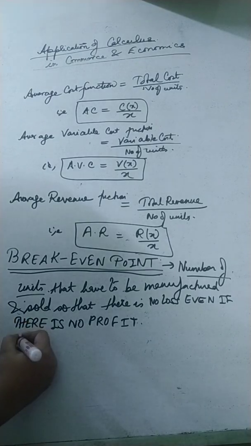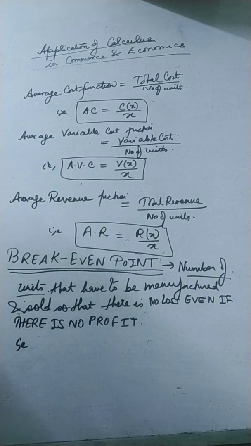When will the situation arise? Obviously, when you're spending an amount of money to set up the unit. So you must not suffer any loss. That means at least the amount that you are spending you should recover, otherwise you will be in losses, isn't it? So that is the least that you can expect, so that you don't suffer any loss.